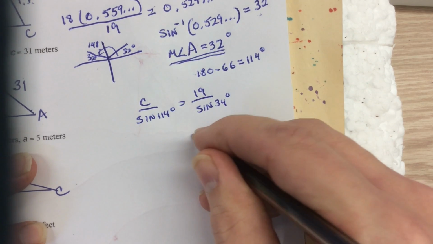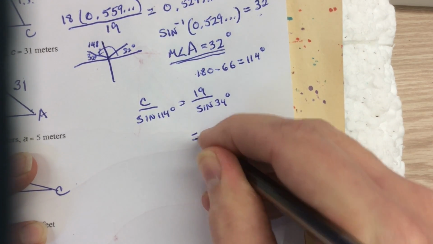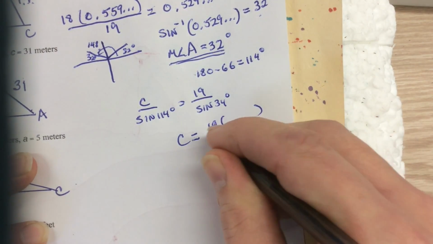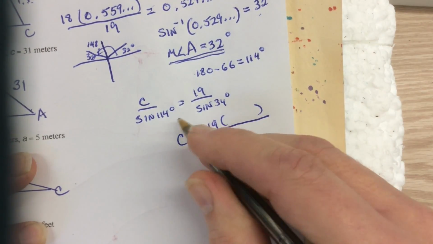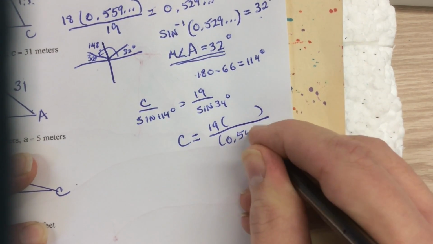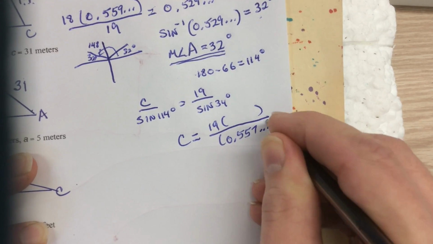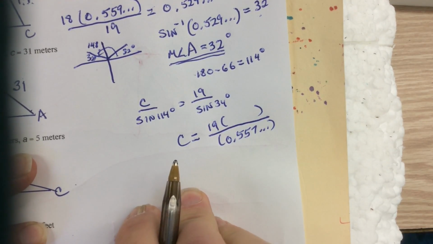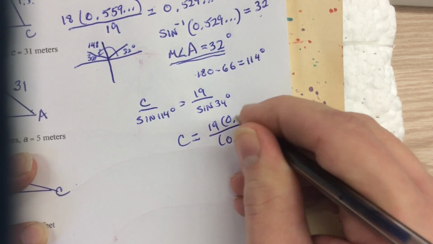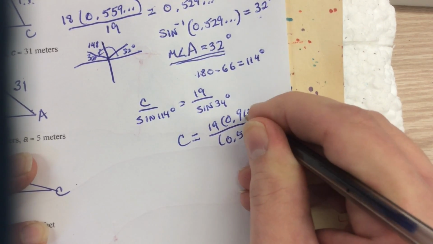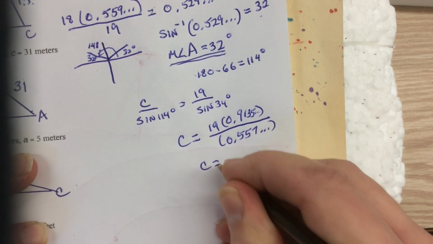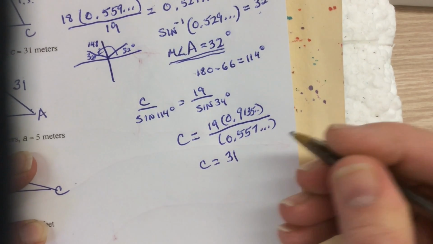So C is going to be equal to 19 times the sine of 114, which we'll get in a second, divided by 0.559 dot dot dot. The sine of 114 is 0.9135 dot dot dot. And if we do that arithmetic, we get 31 as an answer.